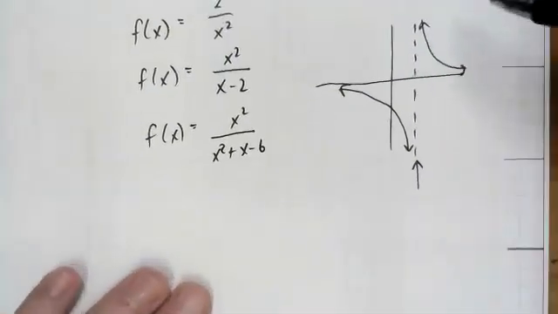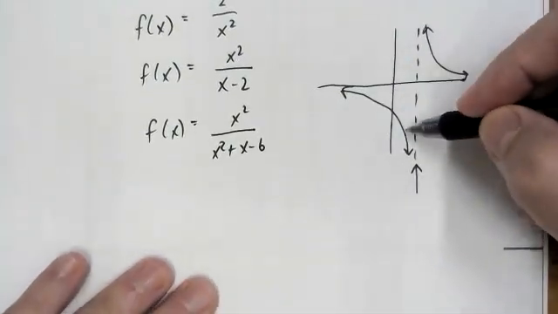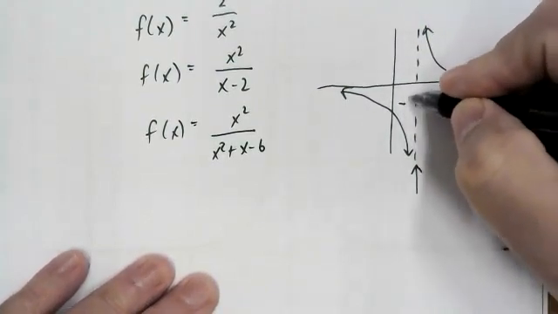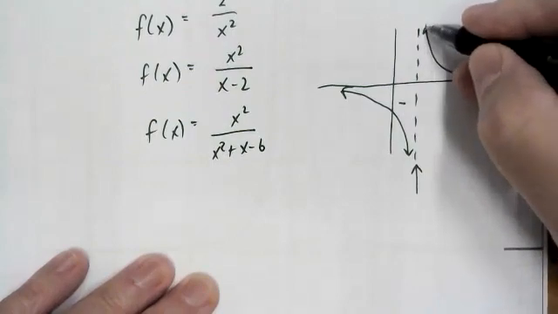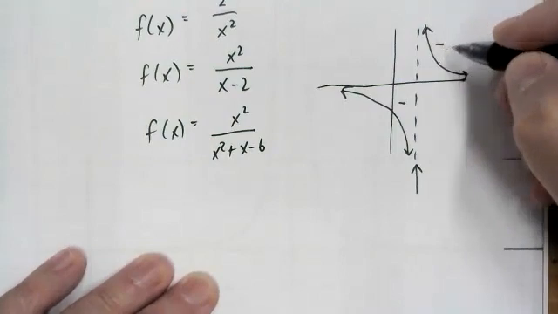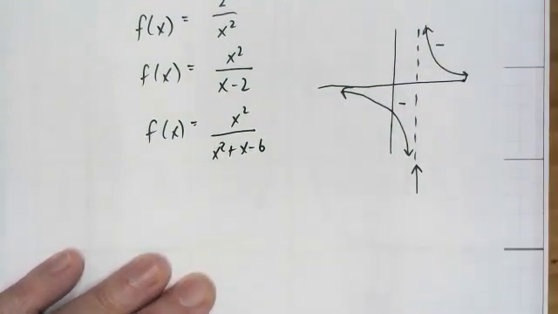Like for instance, this example I just made up here, this is a decreasing function. The first derivative is negative. When I jump over the asymptote, when I go here, this is still a decreasing function. So here's a case where on either side of the vertical asymptote, the first derivative is negative.